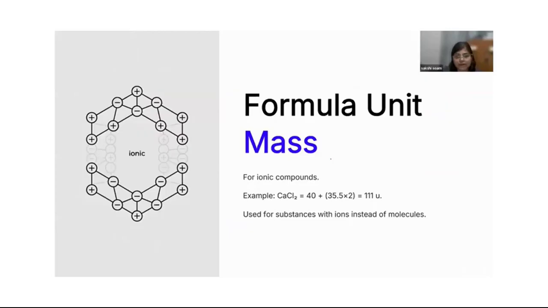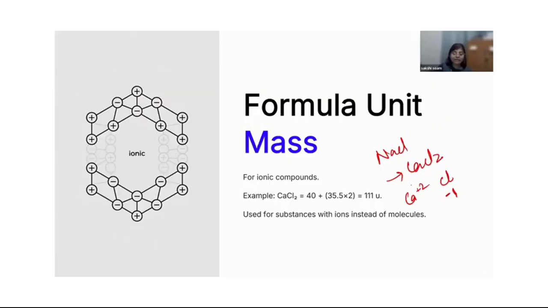Let us move forward. Next is formula mass unit. Basically, the formula mass unit and the atomic mass unit are the same thing. For ionic compounds, we call it formula mass. In ionic compounds like NaCl or CaCl2, there is ionic bonding. Calcium has a charge of +2 and one chlorine has a charge of -1.